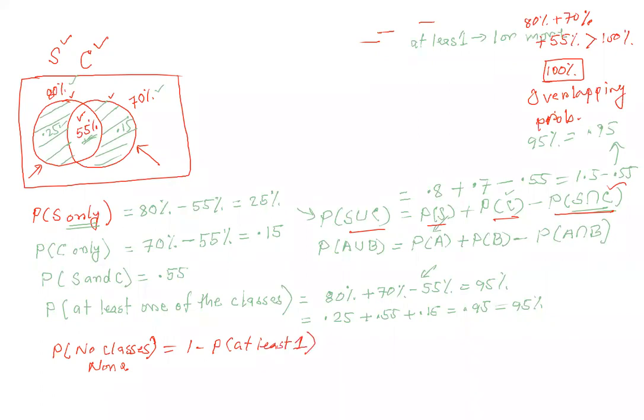Probability of none is 1 minus the probability of at least 1, which we found to be 95% or 0.95, so it is 0.05. That, by the way, is 5%. There is a 5% chance that a student will pass none of these classes.